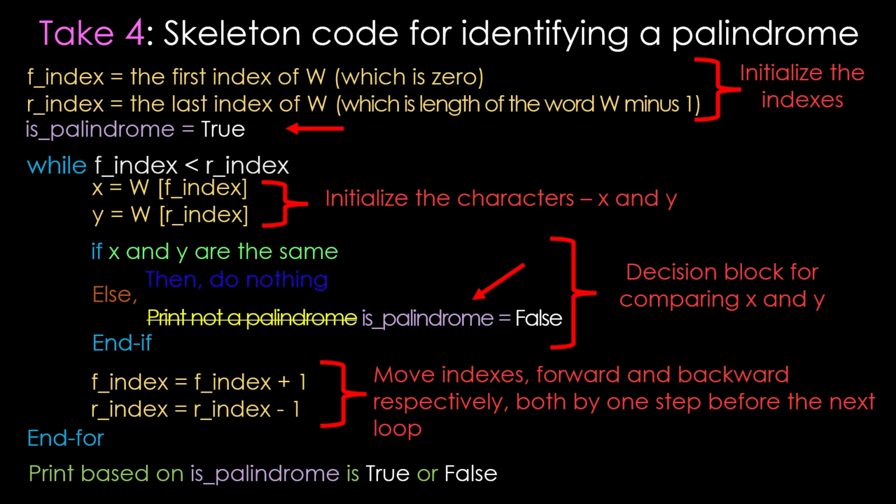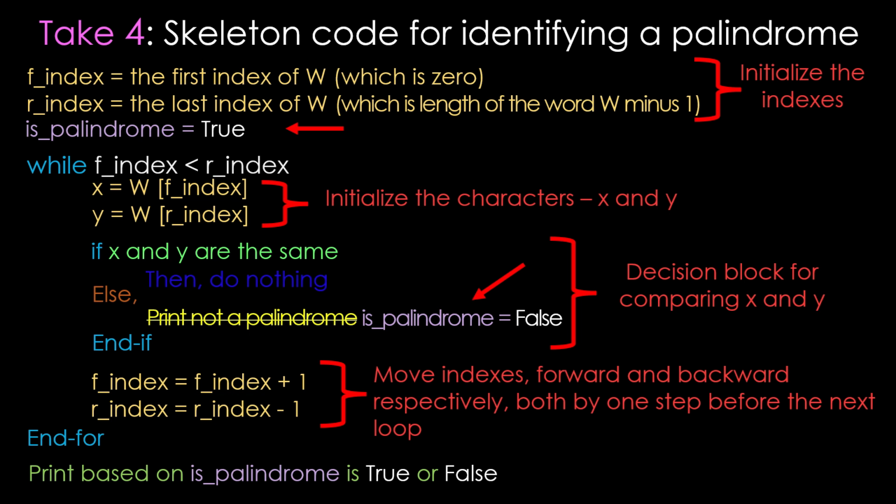In the subsequent loops, this false status will not be modified even if all other pairs of X and Y are matching each other. Thus, once this variable is marked false, it will either be rewritten as false during other mismatches or never be touched during other matches.